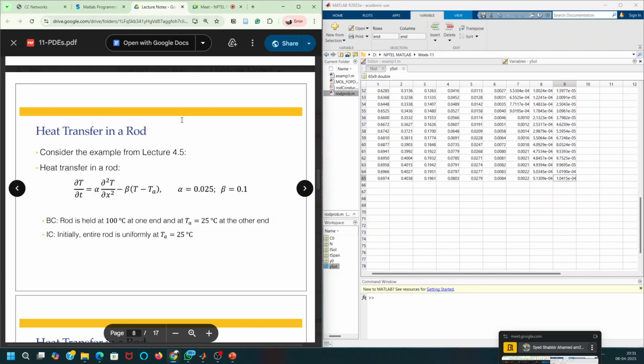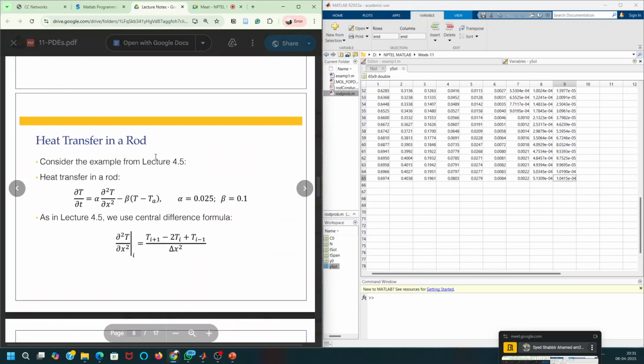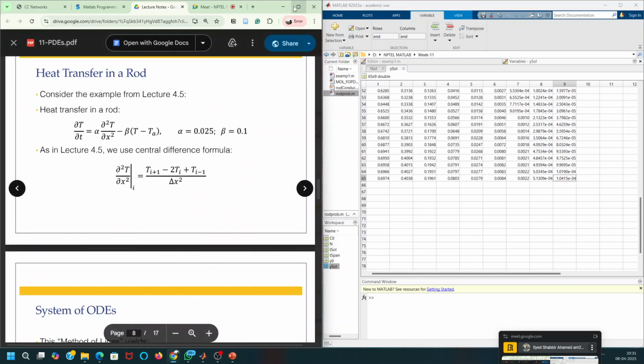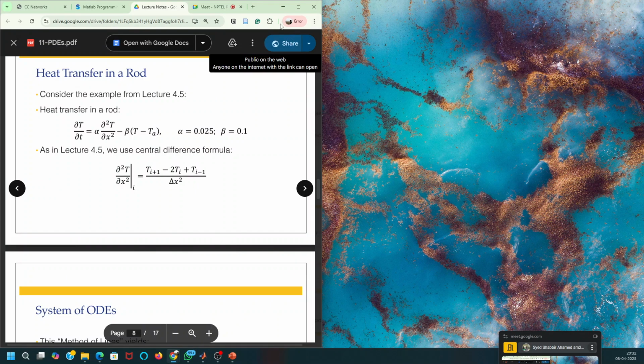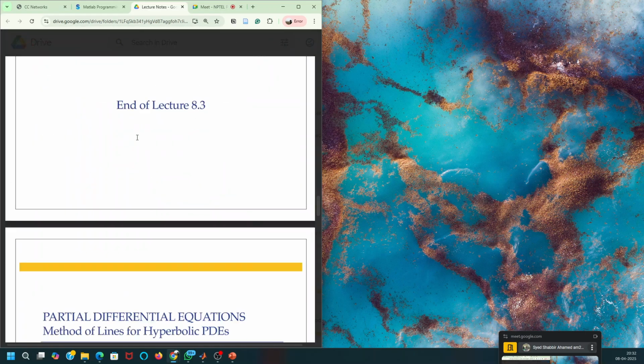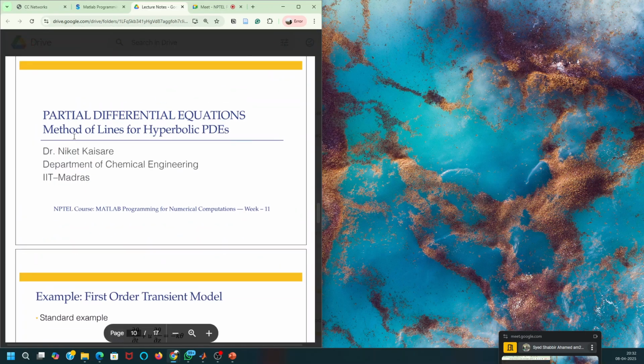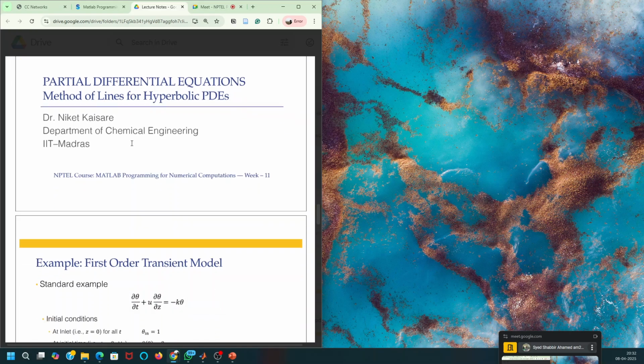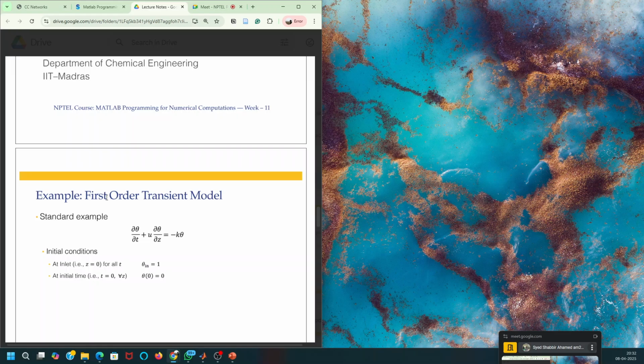Till then, we'll move to the next part of the module, which was solving these hyperbolic PDEs, which are first order.